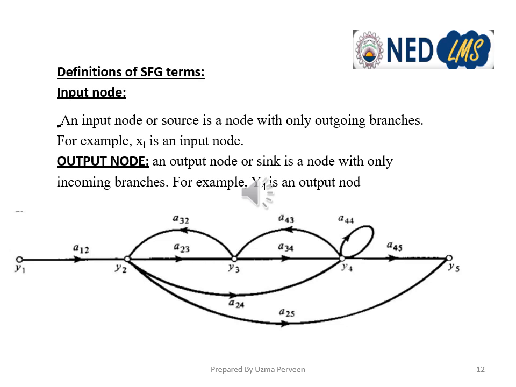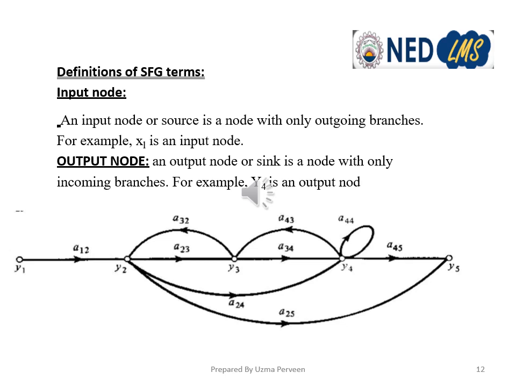So it has an incoming branch too, that's why we cannot say that it is an input node. The only input node in this case is Y1. Similarly, Y3 has an incoming branch from Y4. Y4 has an incoming branch from Y4 itself. That's why the only input node here, or the source node here, is Y1.